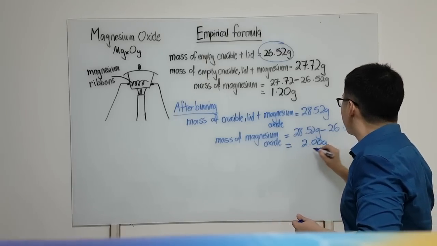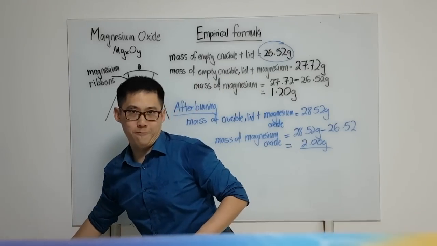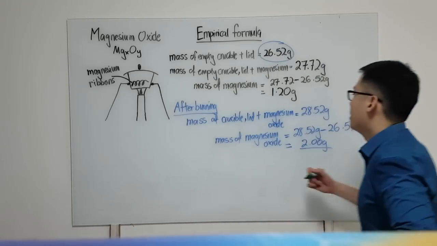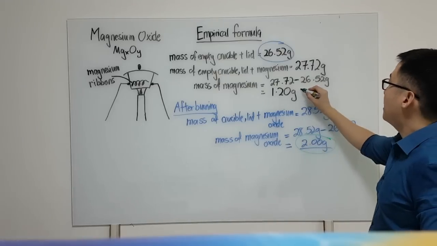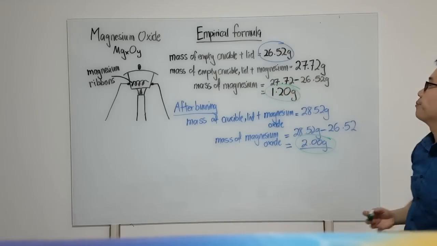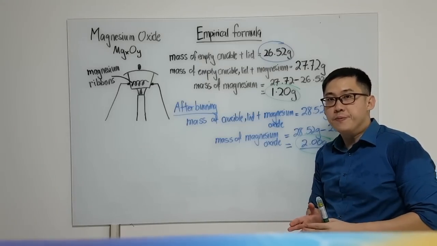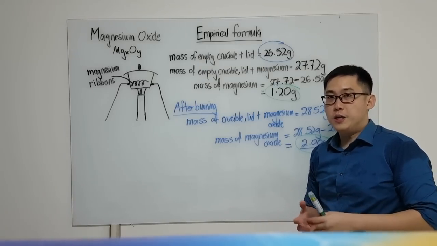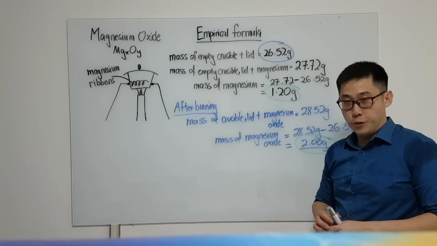Students, if you consider now with me the mass of my magnesium oxide as well as the mass of my magnesium, you will find that the difference is really just caused by the presence of oxygen.